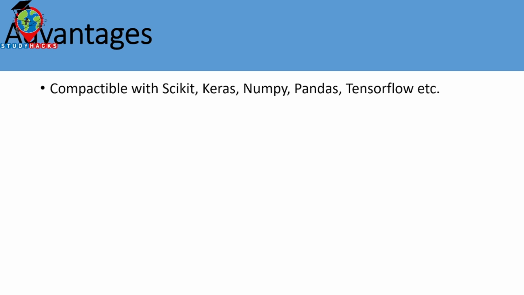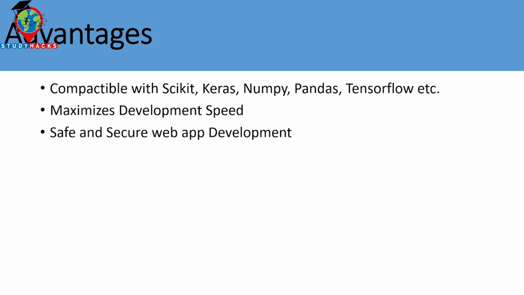It maximizes development speed, so we can develop different types of web applications very quickly. And it's safe and secure web app development, so no one can easily hack your web application because it's very secure.